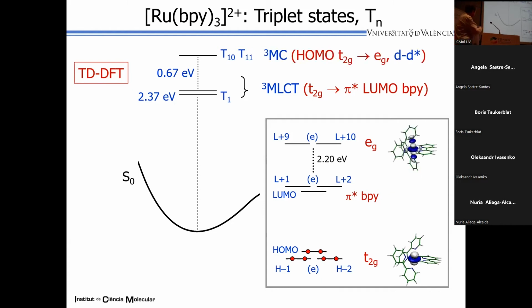Above those states, you have the transition from these t2g orbitals to the eg orbitals. I mean, there is a transition mainly localized on the metal, a metal-centered triplet, a dd* transition. But one important thing is, when you speak about orbitals, the difference here is 2.2 electron volts. When you speak about electronic states, the difference is only 0.7 electron volts.